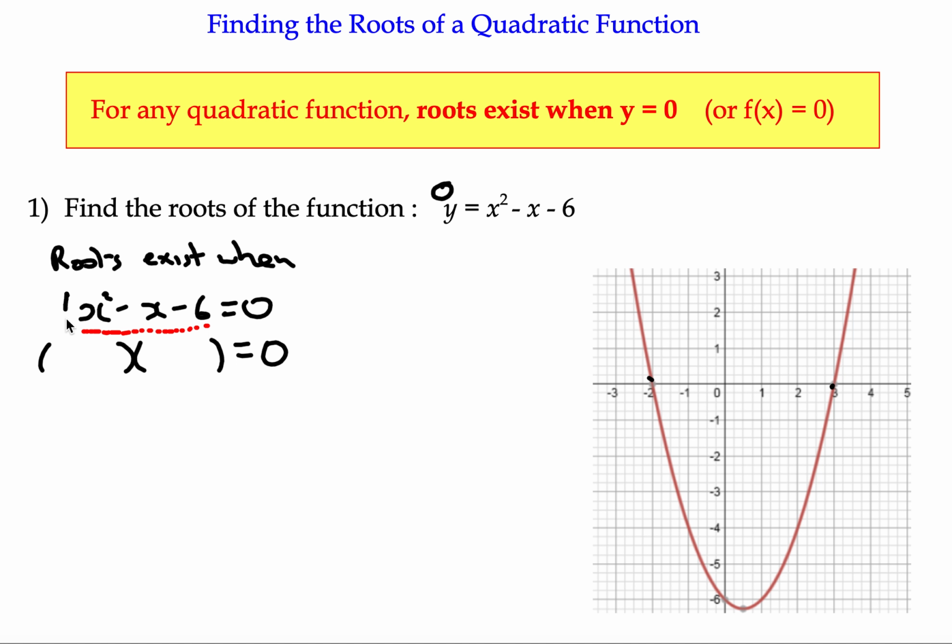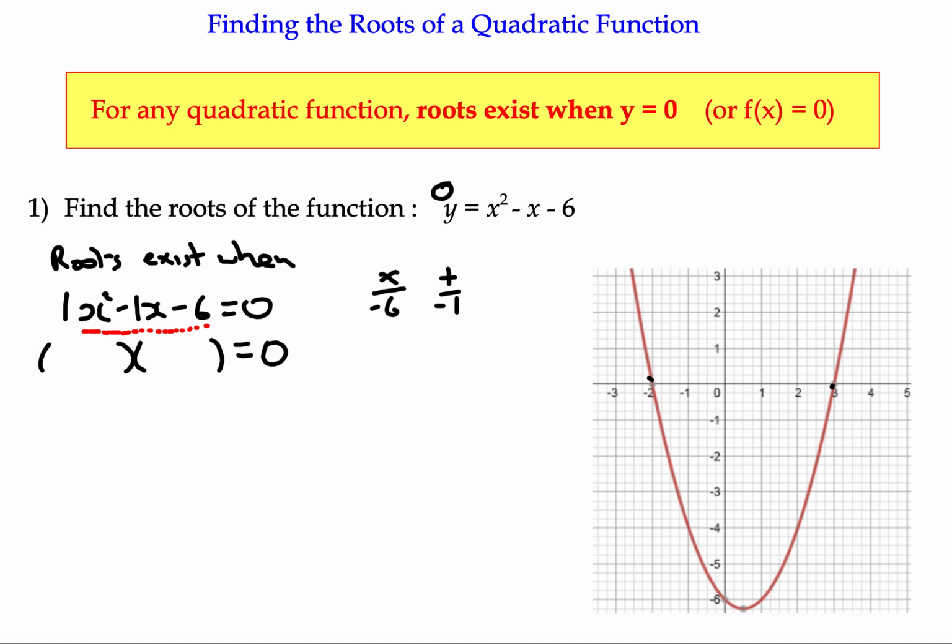And 1x times negative 6 gives us negative 6. The number in the middle is negative 1x, remember that's a 1, so we've got negative 1. So we're looking for numbers that multiply to negative 6 and add together to give us negative 1.